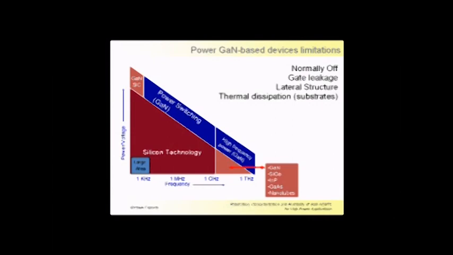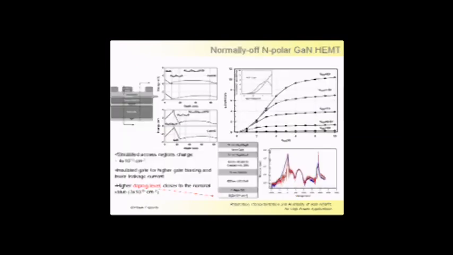We can have GaN on sapphire and silicon carbide, but now gallium nitride on silicon seems very promising. So we have to take into account the thermal dissipation issues. So how to fix all these problems? We tried and we successfully got a normally off structure using the N polarity of the material.